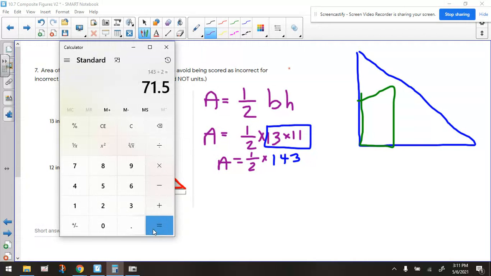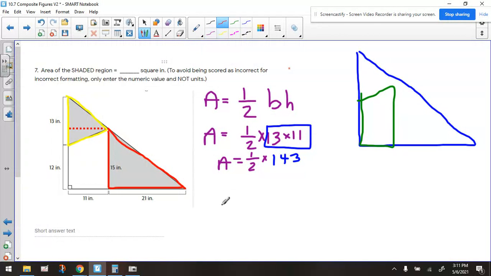That's the same thing as taking half, and we get this number. I'm going to write that number down. It's 71.5, and that's going to be square inches. All right, and I'm going to write it again right here so we can see it, 71.5.